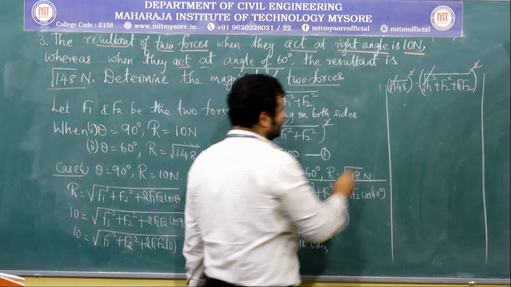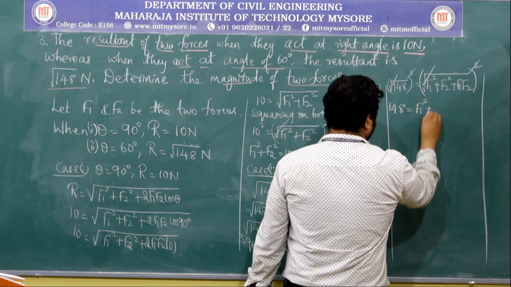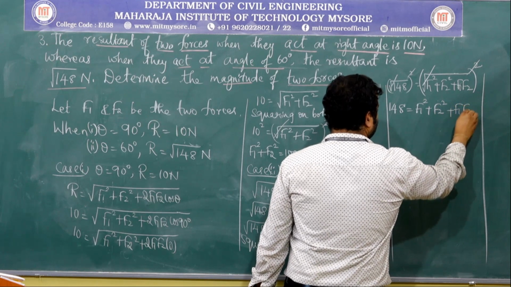So we are left with 148 equals F1 square plus F2 square plus F1 F2.